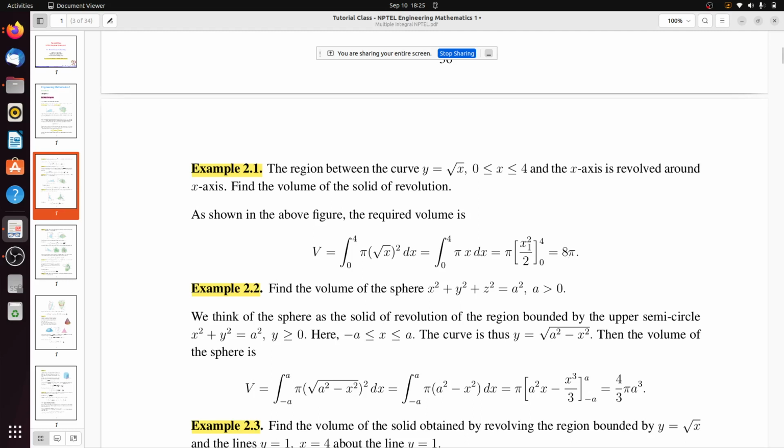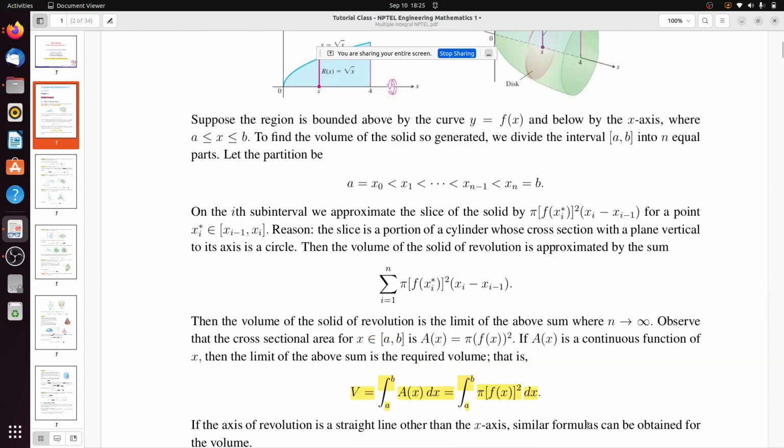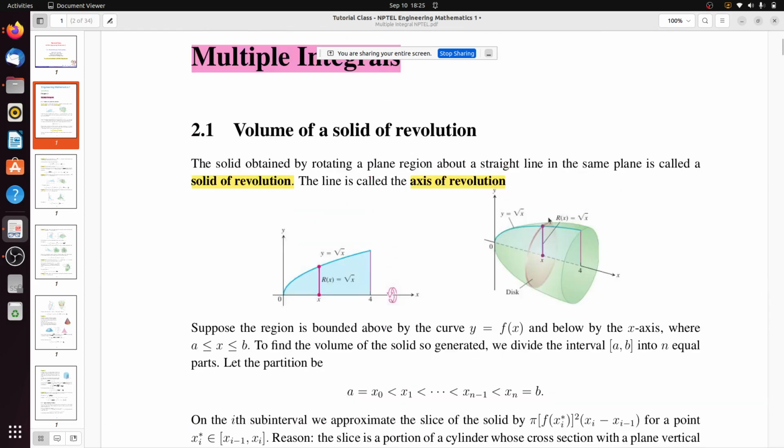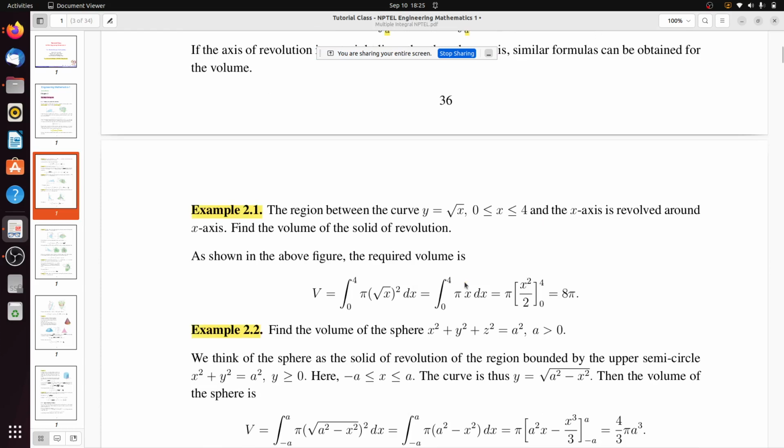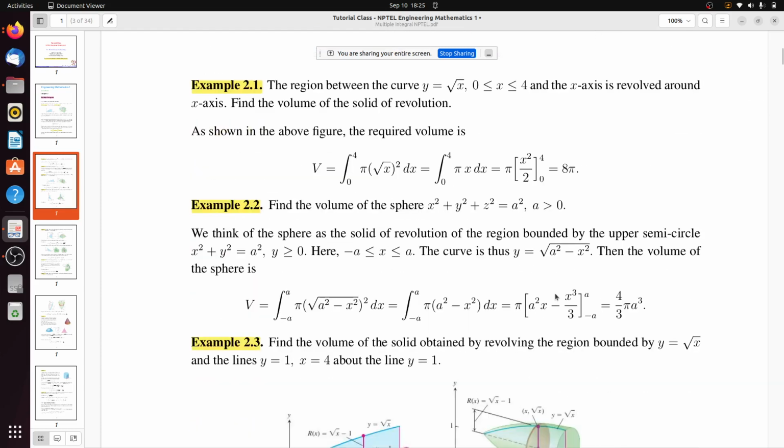The integration of x is x square by 2, so if you integrate it from 0 to 4, you will get 8. So overall your volume of revolution is 8 pi. So if you consider this type of paraboloid generated by rotating this area, you will end up getting a solid of volume 8 pi.